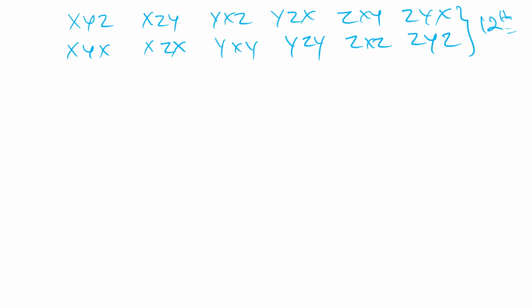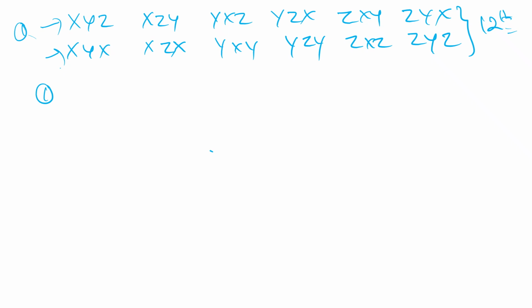In this class, what I'm going to do is take one from this category and one from this category, and then let's see the complete transformations. Let's see the first one, which is XYZ. So I'm going to show the first one.